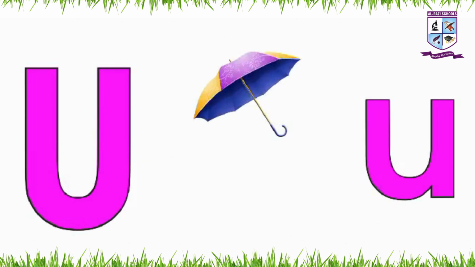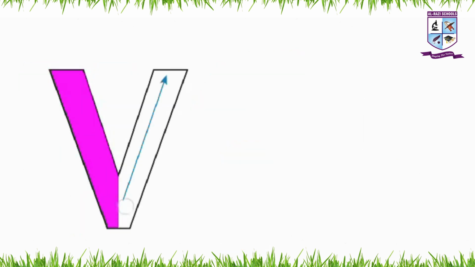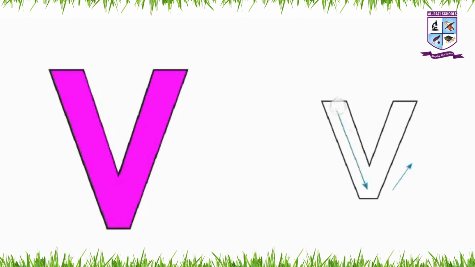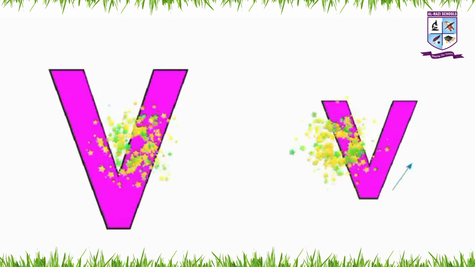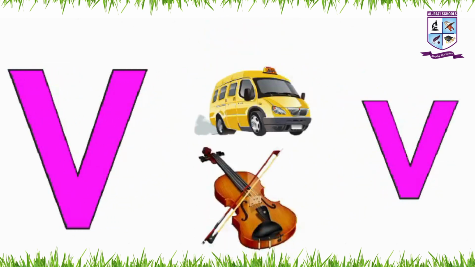U for umbrella. U for uncle. V for van. V for violin.